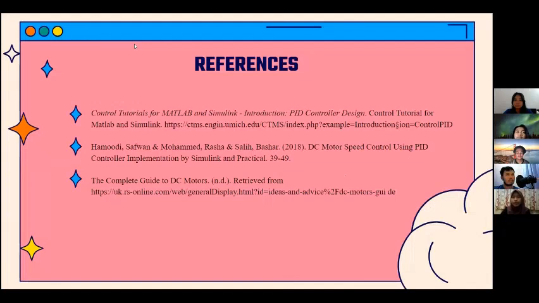We also got from Hamoudi Safwan, Muhammad Raisha, and Saleh Bashar, with the title DC Motor Speed Control using PID Controller implemented by Simulink and Practical. And we also refer to the Complete Guide of DC Motor, retrieved from the link below.